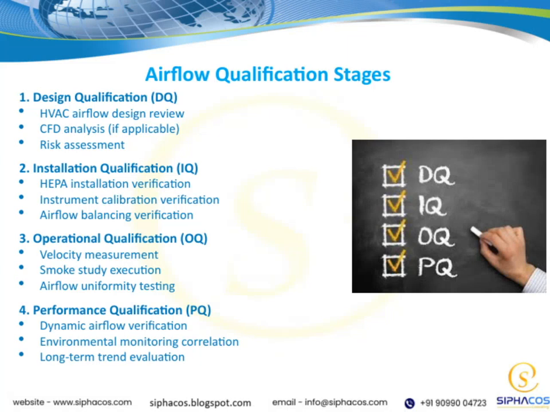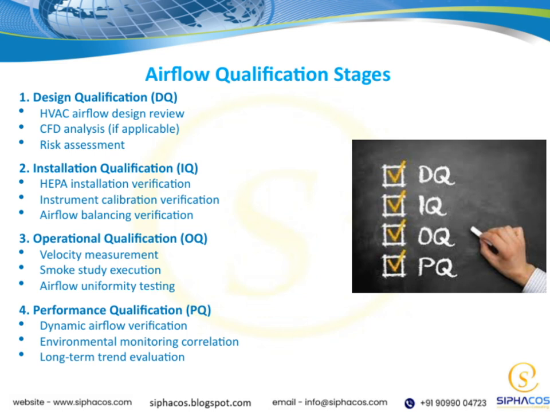When we talk about airflow qualification, we break it down into 4 key stages. First, design qualification. Here, we review the HVAC design, run computational fluid dynamics if needed, and assess any risks. Next comes installation qualification, where we verify HEPA filter installation, check instrument calibration, and confirm airflow balancing.